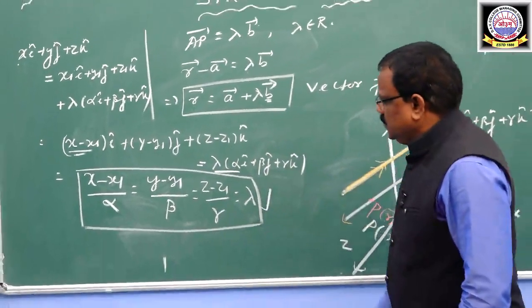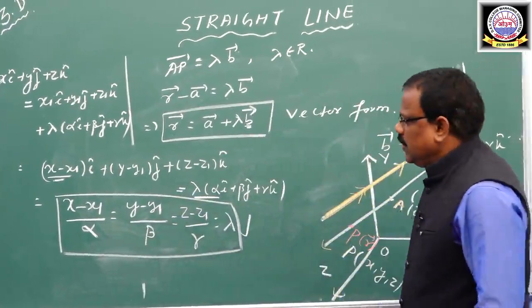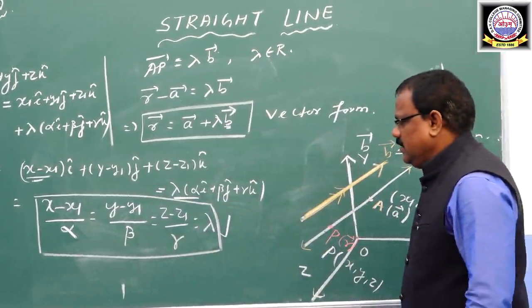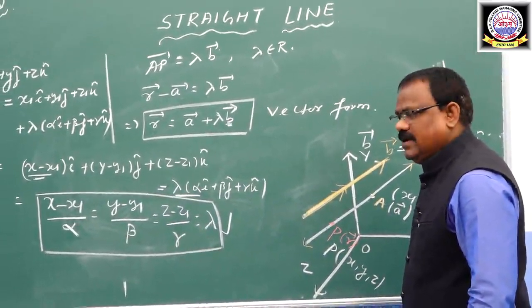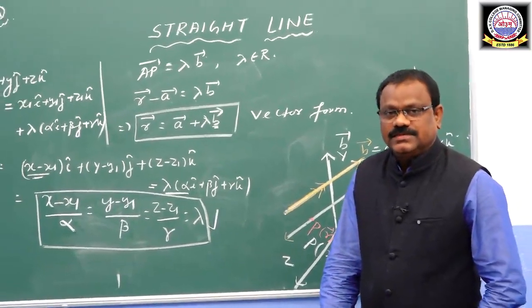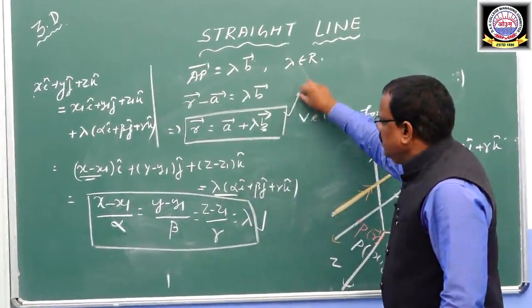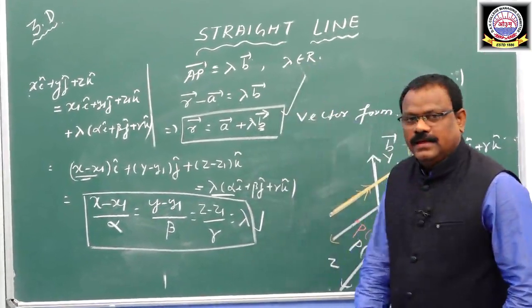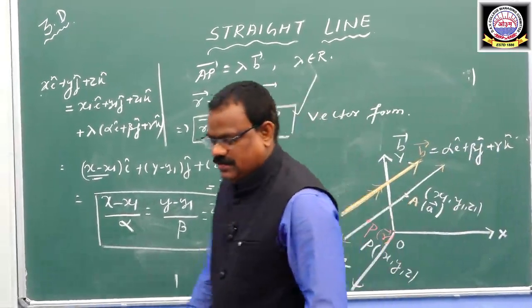So x minus x1 by alpha is equal to y minus y1 by beta is equal to z minus z1 by gamma is equal to lambda. This is the equation of the straight line in space. This is the Cartesian form and this is the vector form.